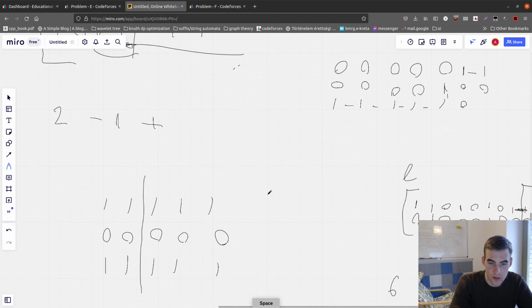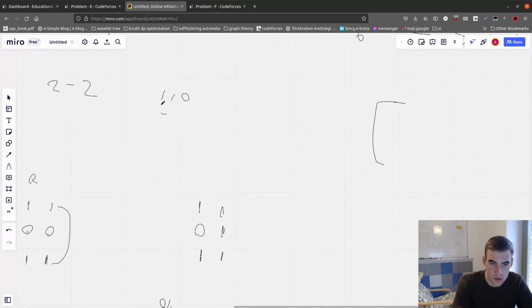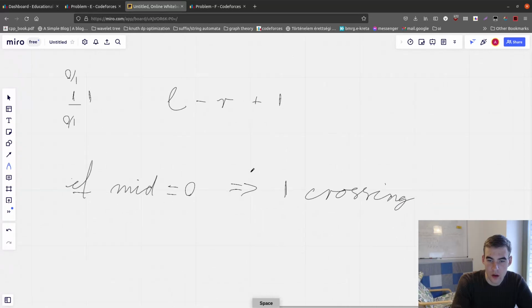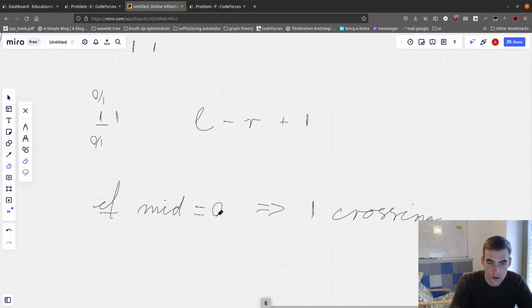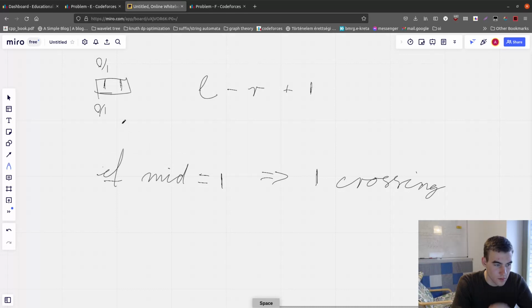So let's do an example for that. That's 1, 1, 0, 0, 1, 1, 0. And if it's from here to here, well, it's 1, 2, 3 minus 1 plus 1. Oh, that's if mid equals 1 for both of them. If middle equals 1 for both of them, then I know there's a crossing.